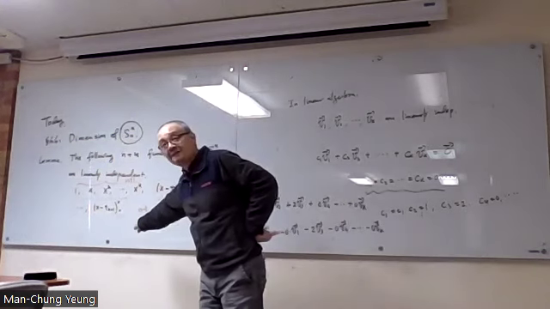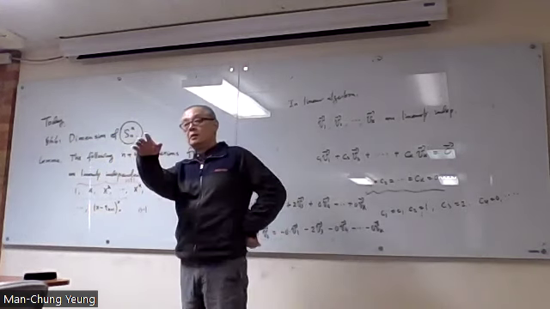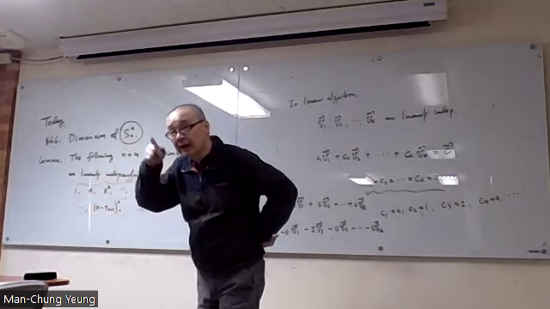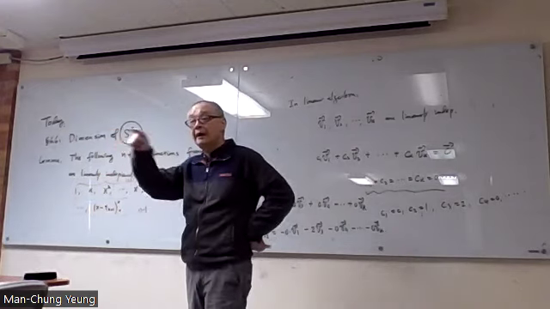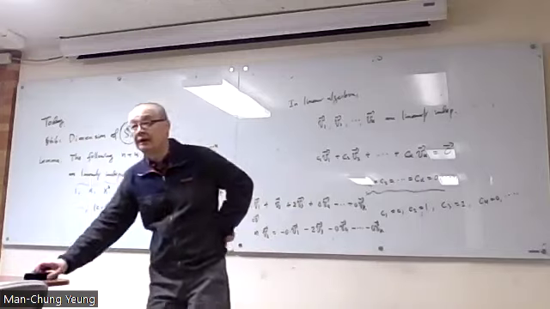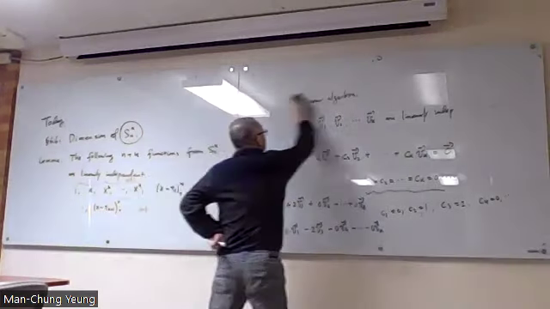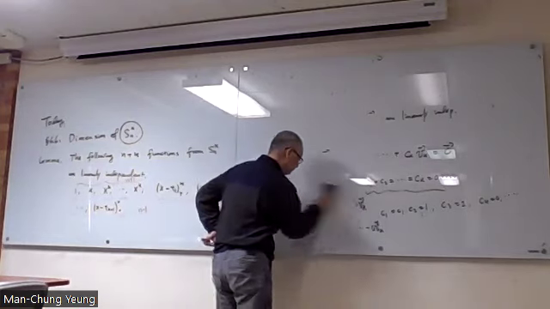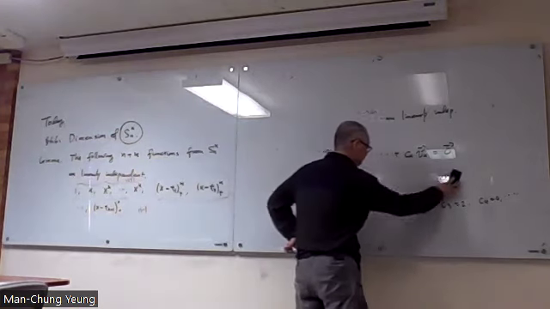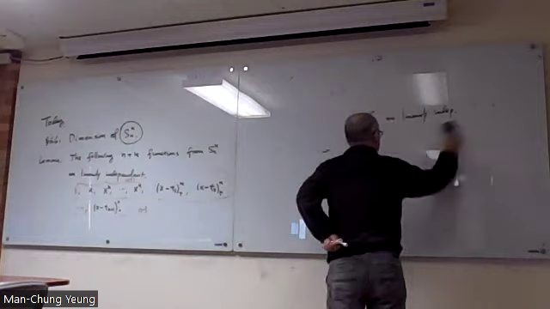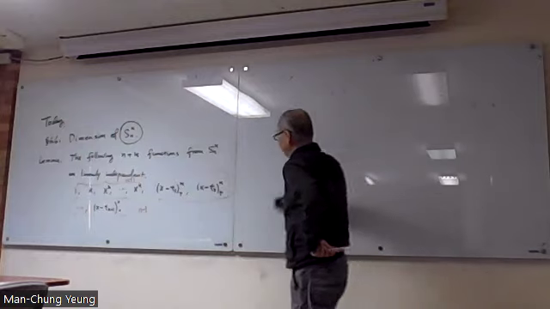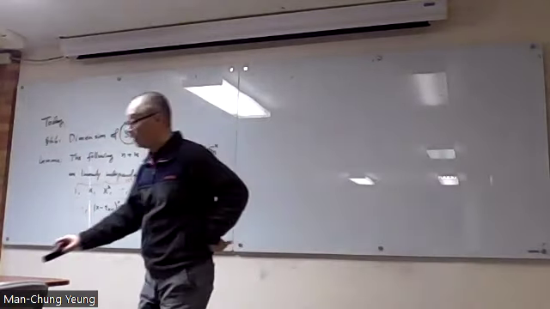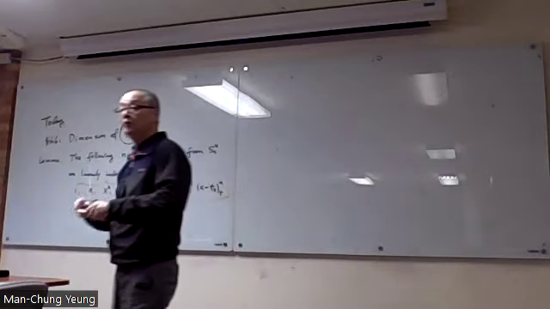These n plus k functions turn out to be linearly independent over the interval from a to b. The proof is not difficult, the proof is easy.